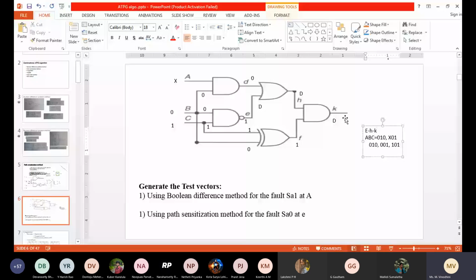If I have not specified to consider all the paths, and the question is just: using path sensitization method for the given fault in the circuit, find the test vector, and there are 3 paths in your circuit, then if you take the first path and get the output in the first path itself, stop it and go ahead with the next question. Because I didn't ask you to consider all the paths, I've just asked you for the answer.